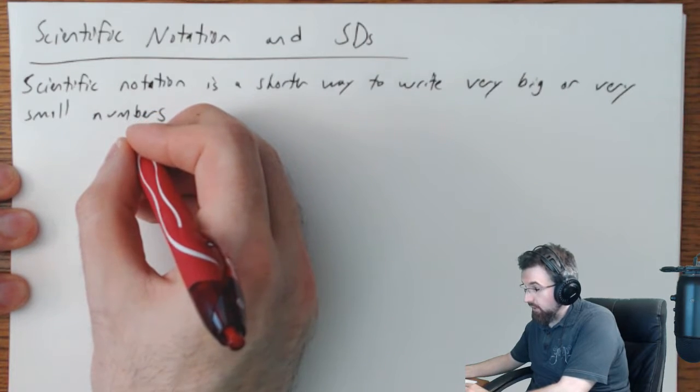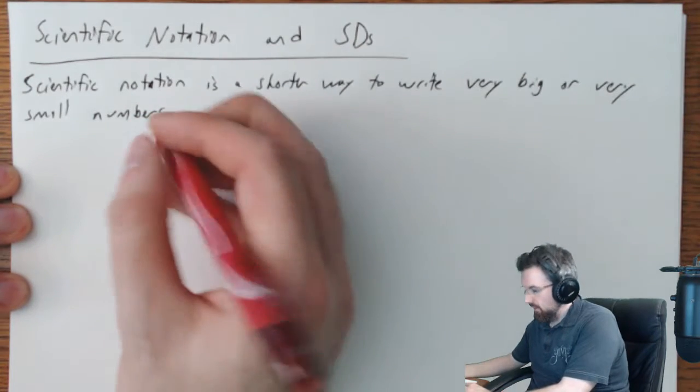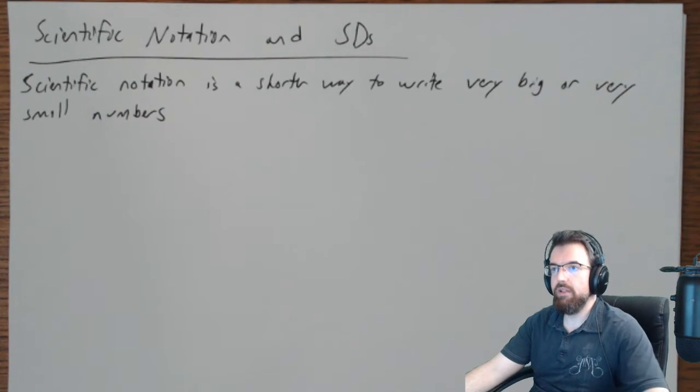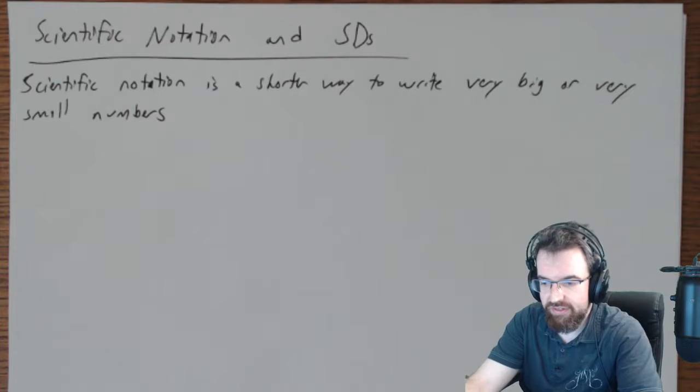The speed of light in a vacuum is actually very close to a round number. It's about, actually, I haven't remembered all the digits of it.